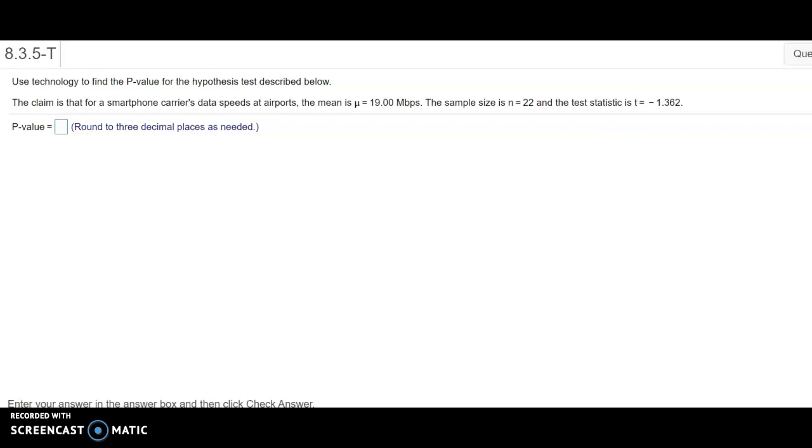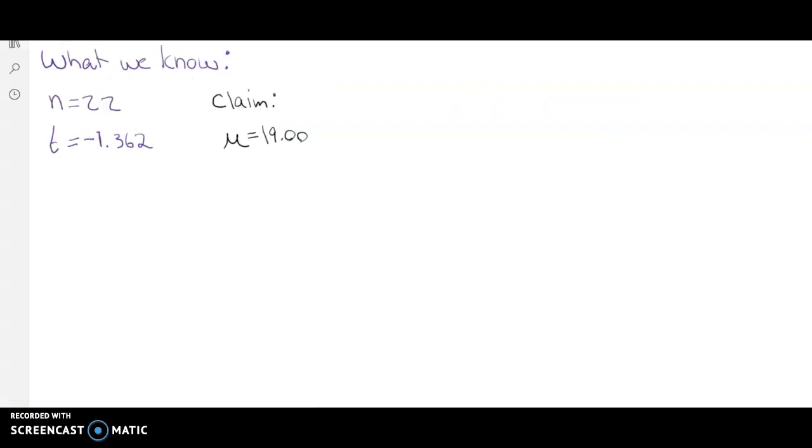You can see here that I've written what we know for the problem. We know n is 22. We know our test statistic is a t value, and we have t equals negative 1.362. Our claim is mu is 19.